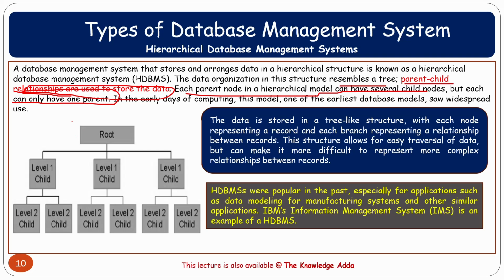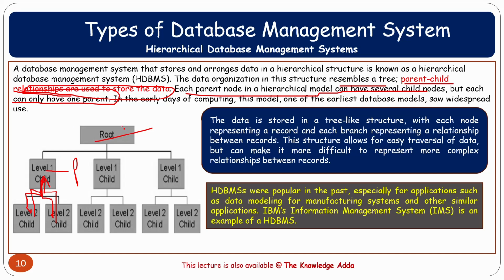So in this picture, you can see this is the root. If I consider this a parent, here you can see one parent has two children, but each child has only one parent.